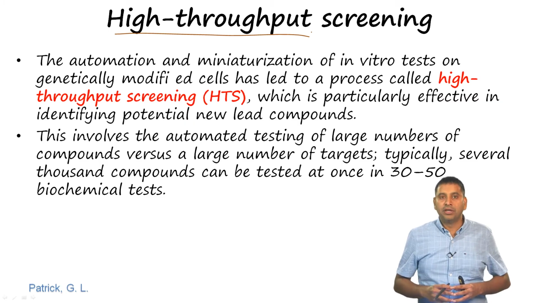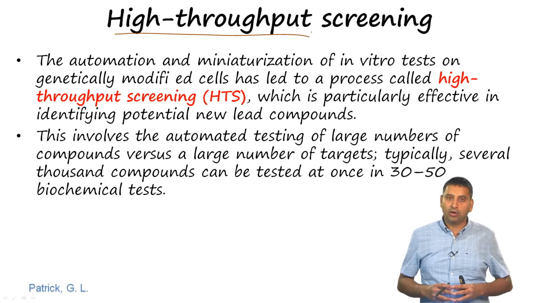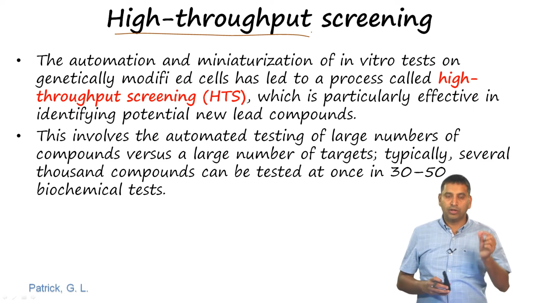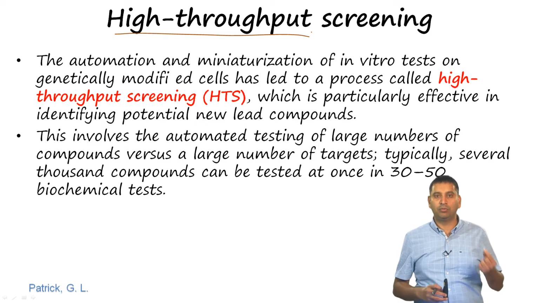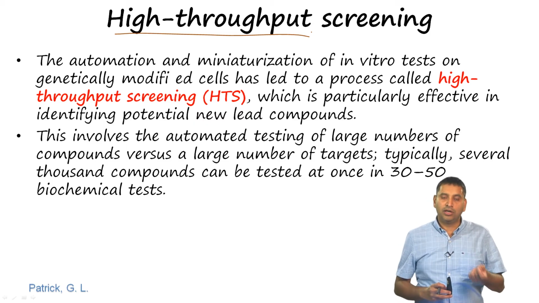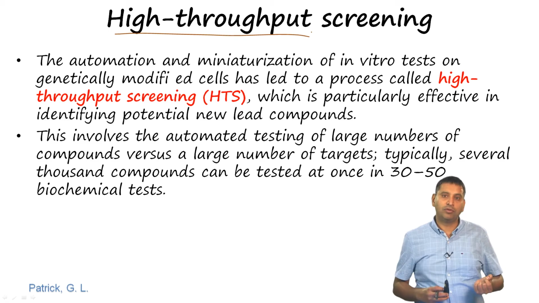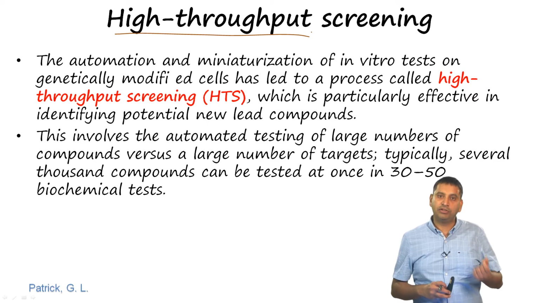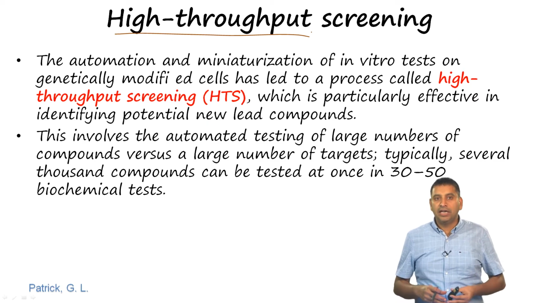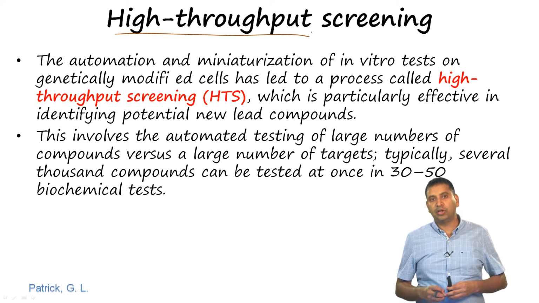Also, there has been a lot of advancement in miniaturization of these tests, so you can carry out this test in extremely small volumes. A typical high throughput screen involves volumes as low as 50 microliters or 100 microliters, which is an extremely small amount. And so, this has a very high potential to identify new lead compounds.